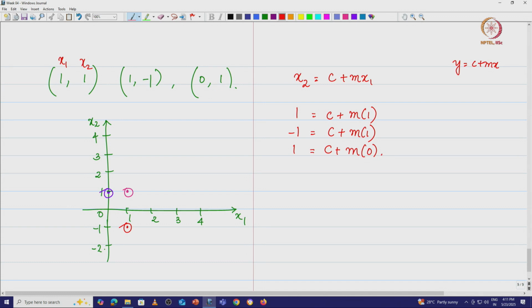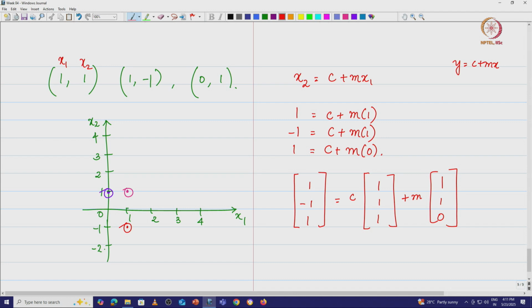Now here, if you see, we have equations of this form. If you write it in the vector column format, I have (1, -1, 1) equal to c into (1, 1, 1) plus m into (1, 1, 0).